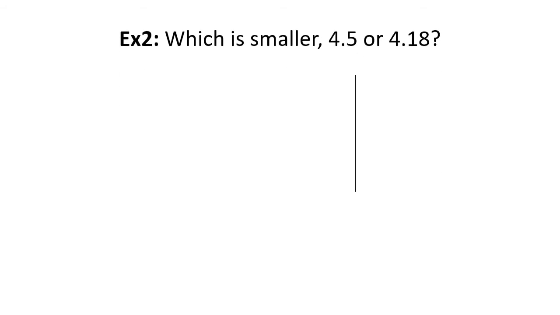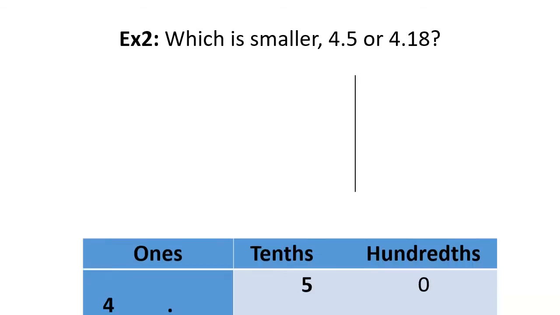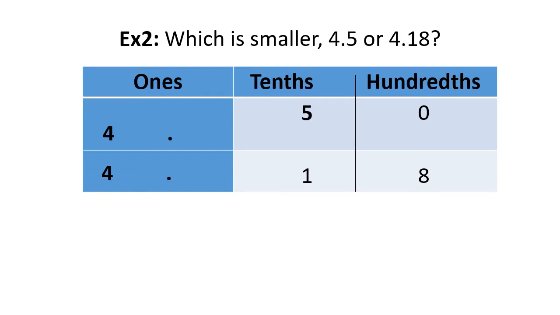Well, now let's have a look at another example. Which is smaller, 4.5 or 4.18? We do exactly the same. Teacher wants you to put all those numbers in the correct place values. For 4.5, teacher puts 4 in the ones place and 5 in the tenths place.